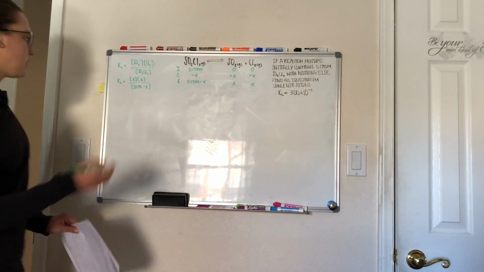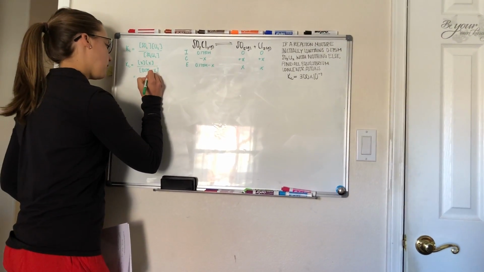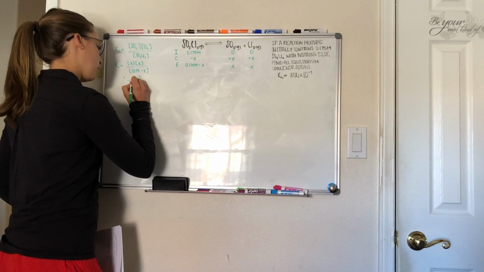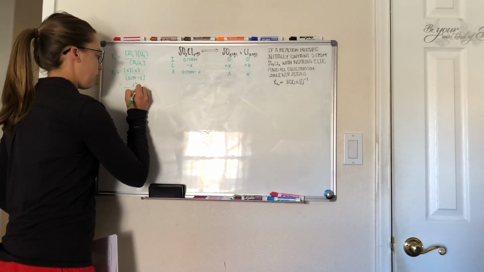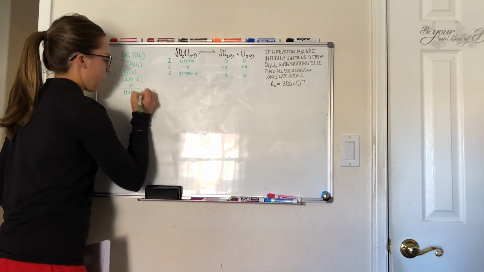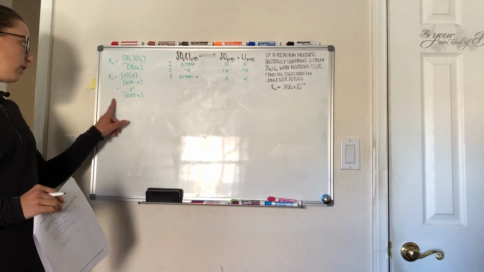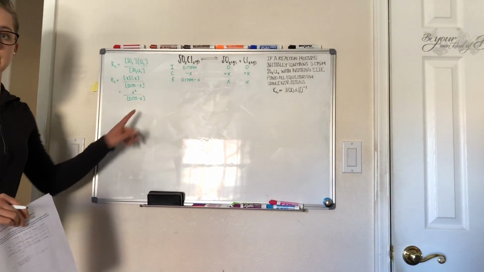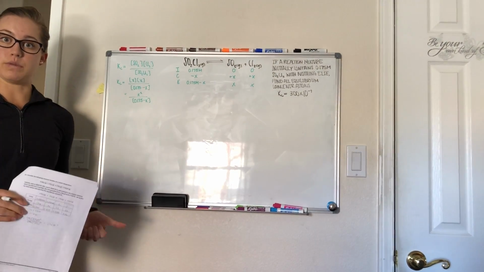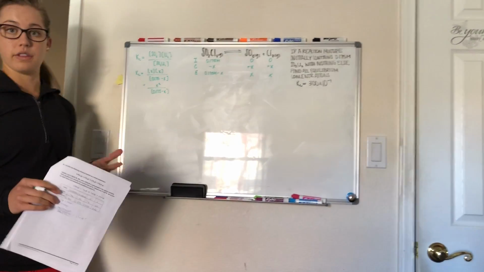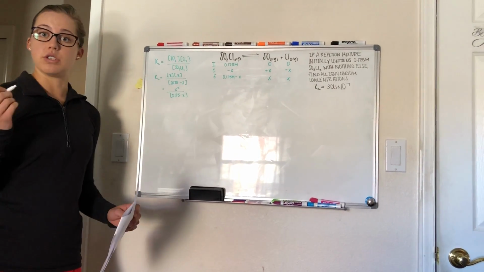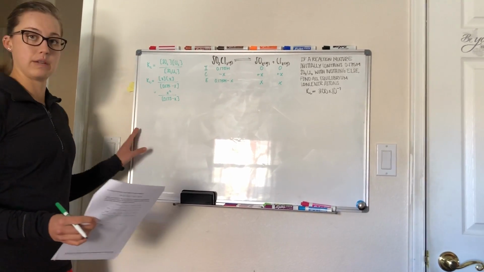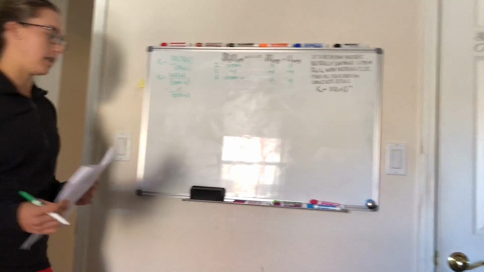Okay, so if you simplify this, you're going to get x squared over 0.175 minus x. So now there's two things that we can do to solve for x here. One way is the x equals small approximation, and the other way is the quadratic equation. So I'm going to show you both. I'm going to start with x equals small because it's easier and it's faster.